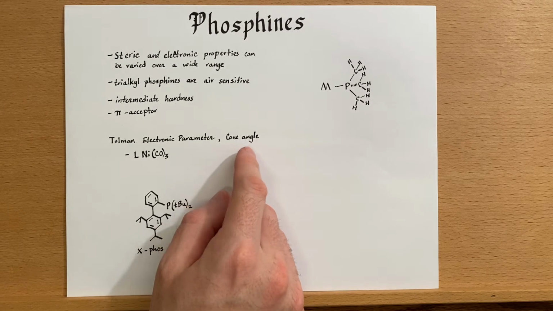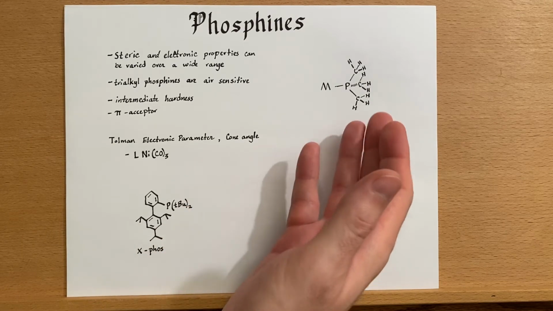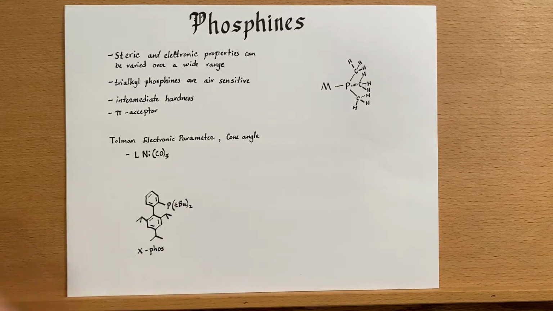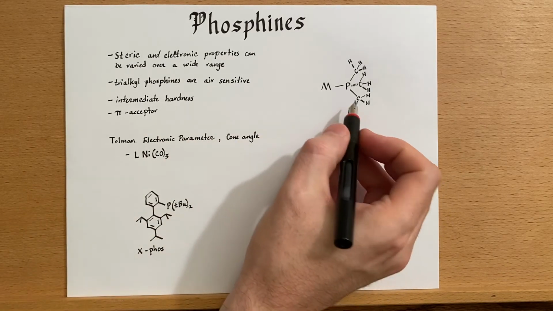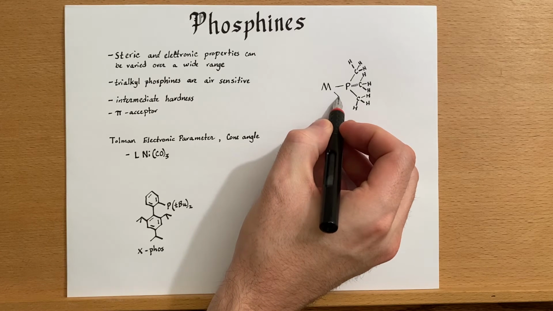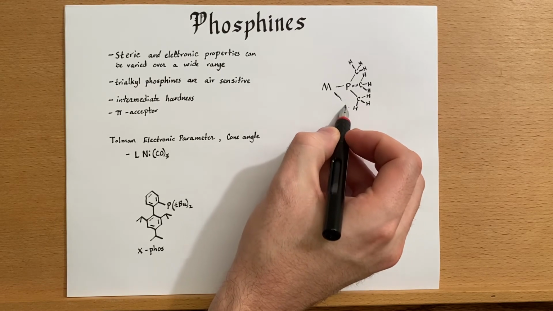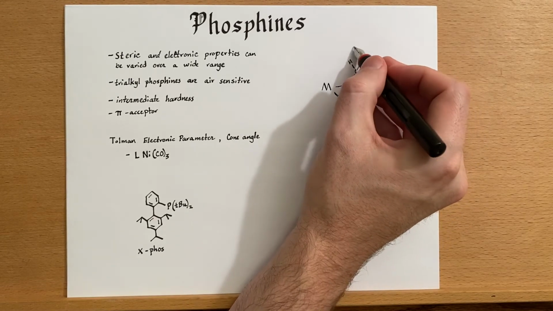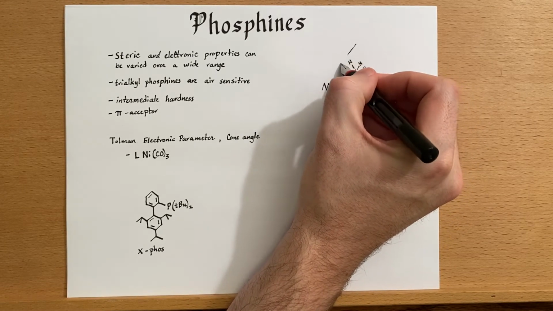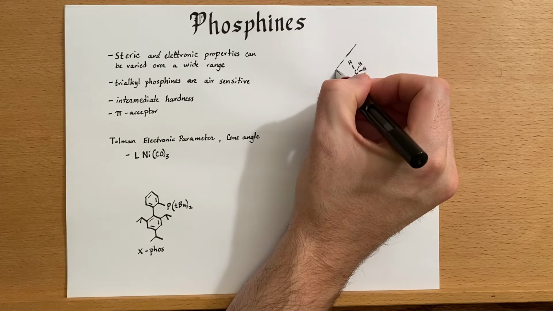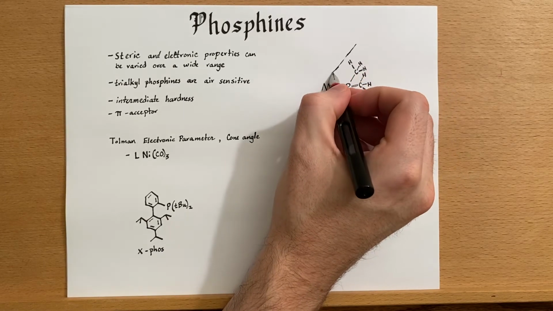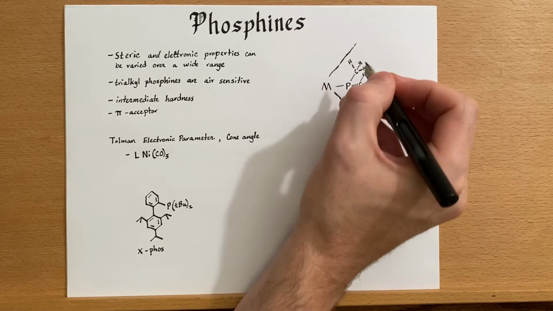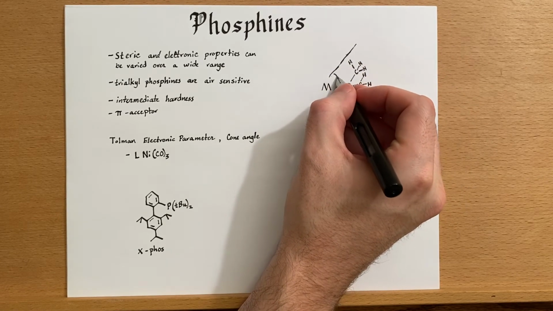And this is actually just a measure of the steric bulk of a phosphine. And it's measured from the metal out to where the hydrogens or whatever is the extreme atom on that cone. Let me get the pen to work here. It's this angle right here.